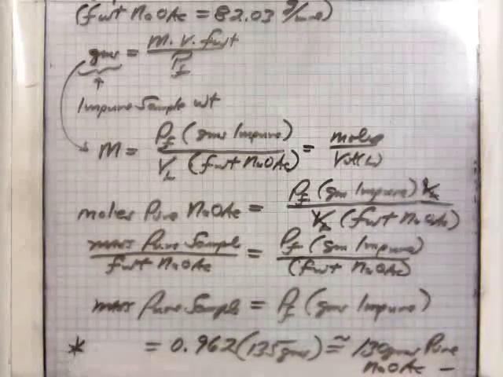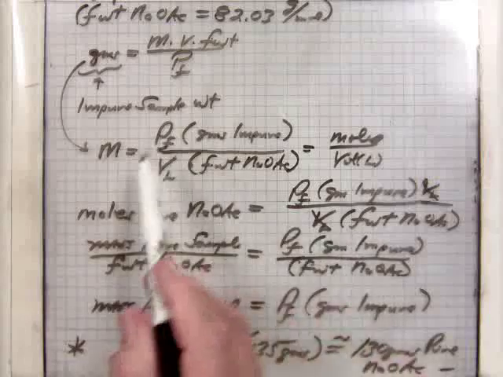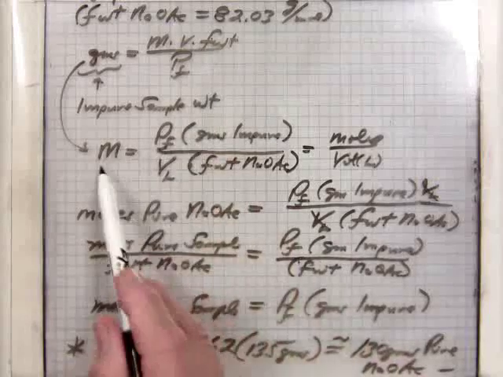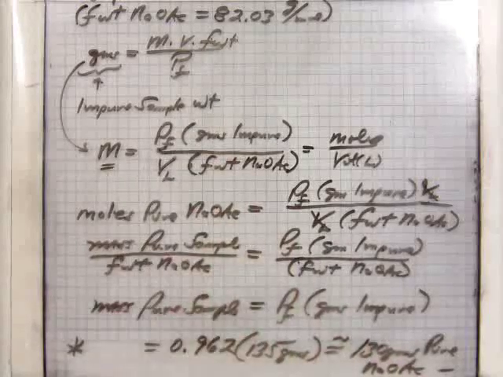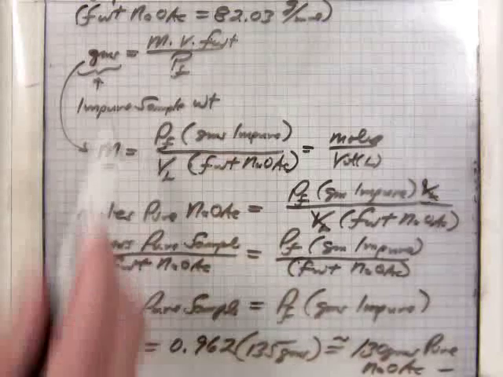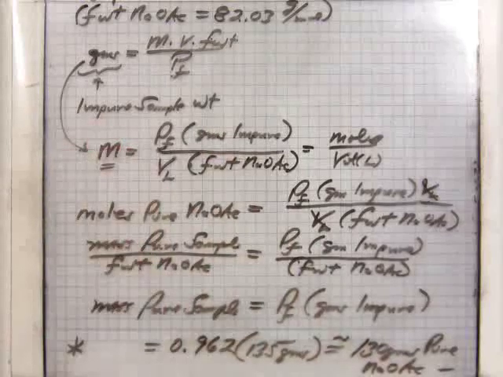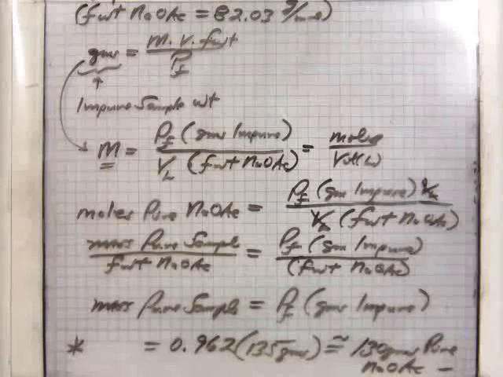So that's just simply using the original formula and solving it and finding the mass number out of the molarity number from the original equation.